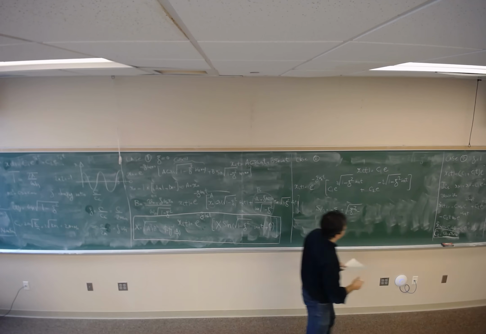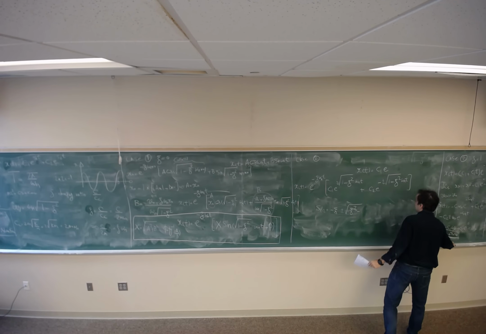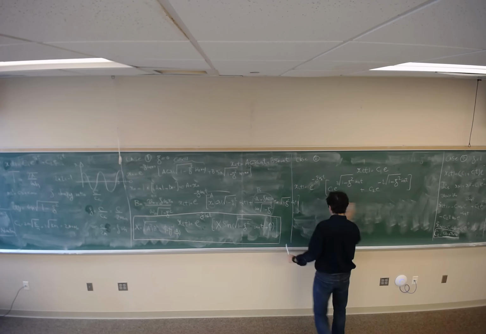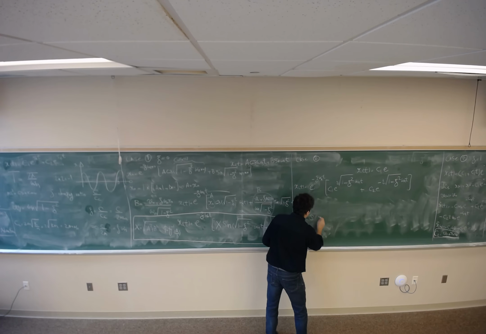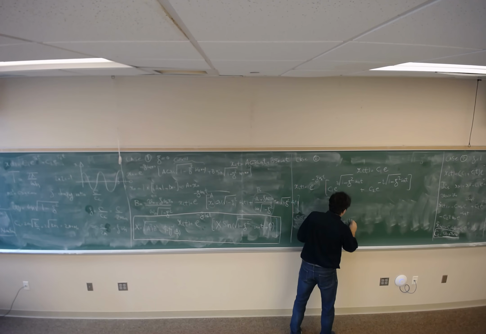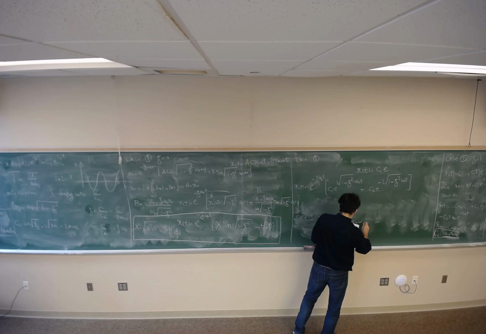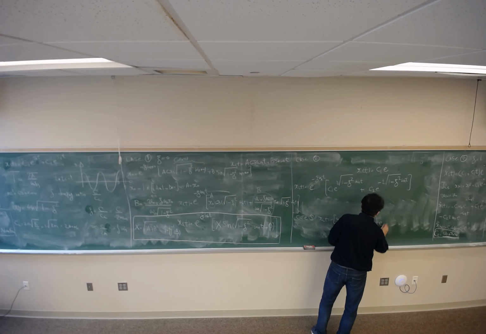So if I write the solution for case 3, x of t is going to look like this: x naught plus (v naught plus omega n x naught) times t, summation times e power negative omega n t.